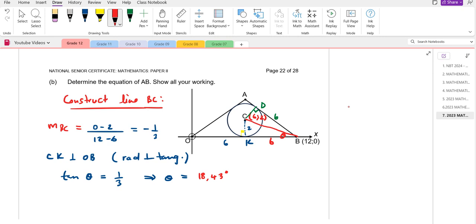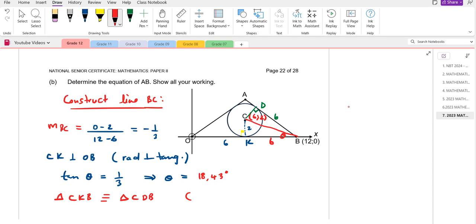Then we can say triangle CKB is congruent to triangle CDB, because we have, remember, tangents from a common point. BD is equal to 6.